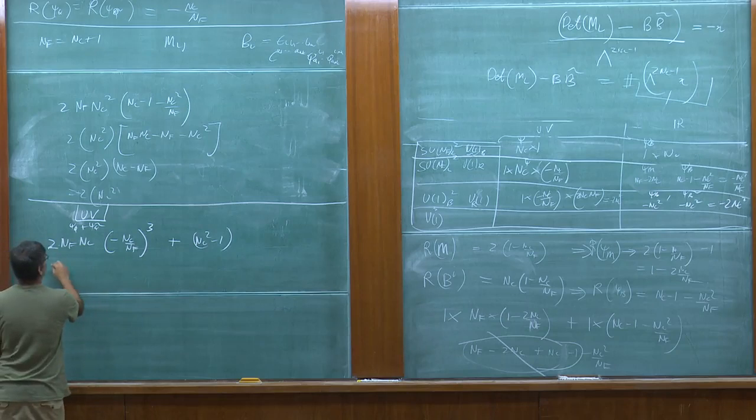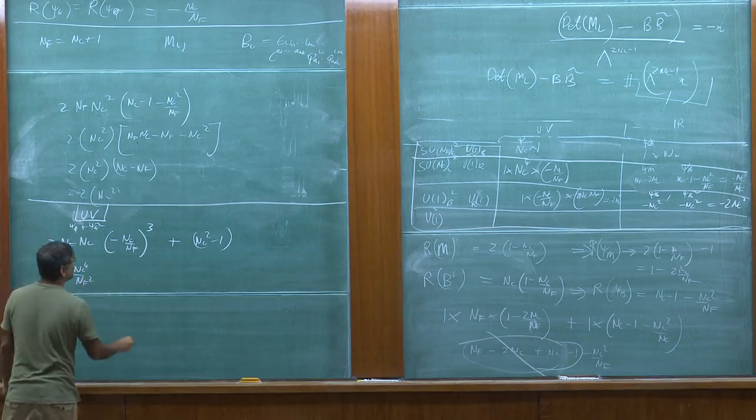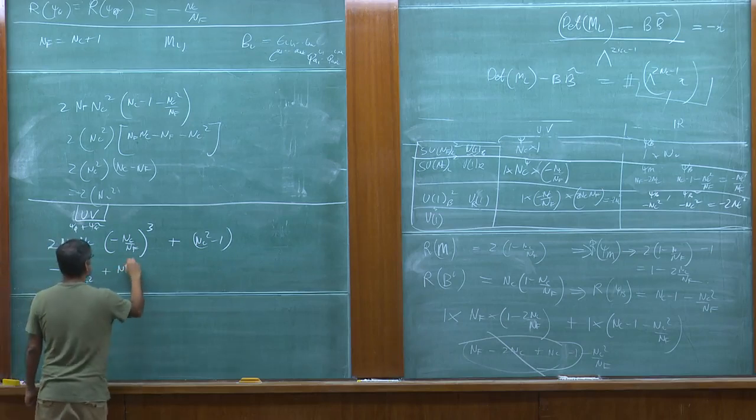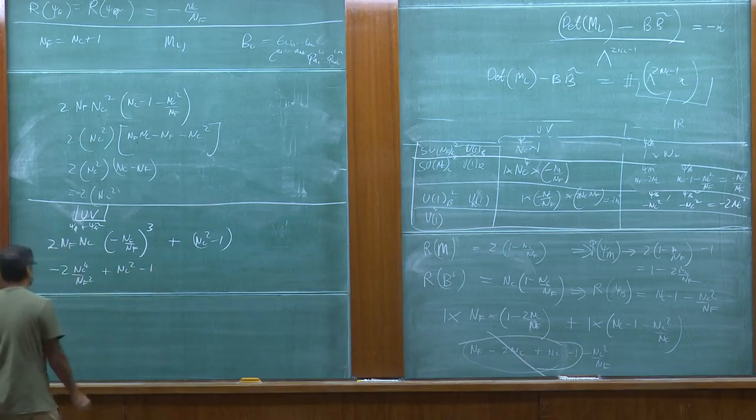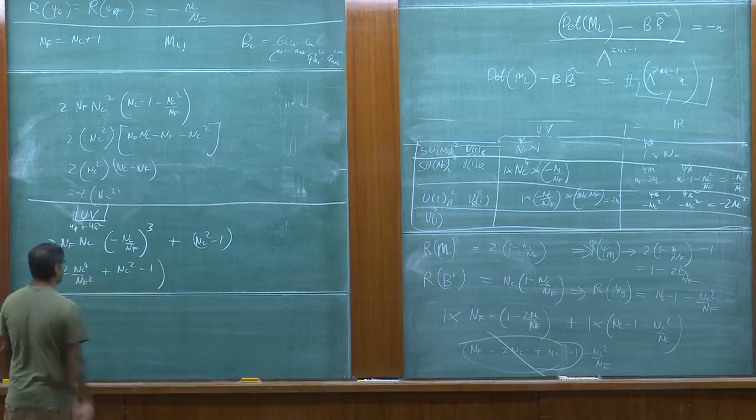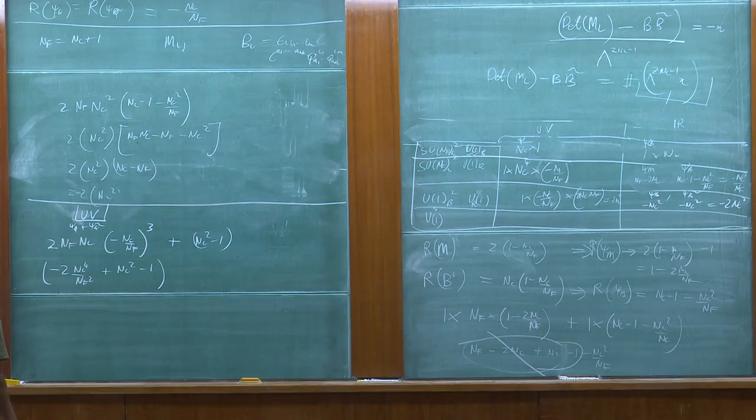The total number of powers of Nc is 4, and Nf in the denominator, so minus 2 Nc to the power 4 over Nf squared plus Nc squared minus 1. I'm just leaving it here. Maybe at some point we'll simplify. It doesn't look like anything particularly nice. Okay, this is the UV contribution.